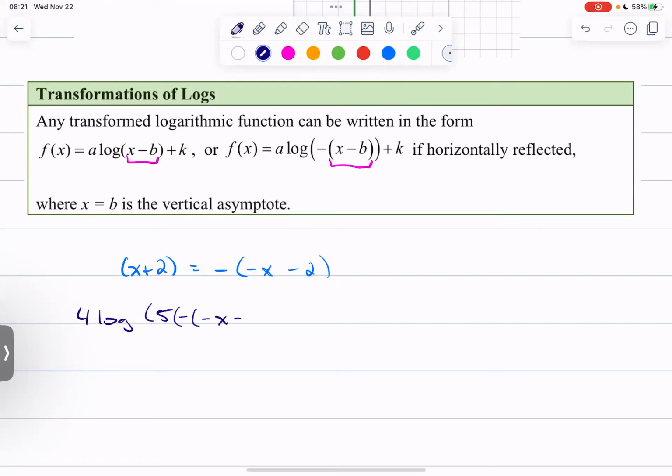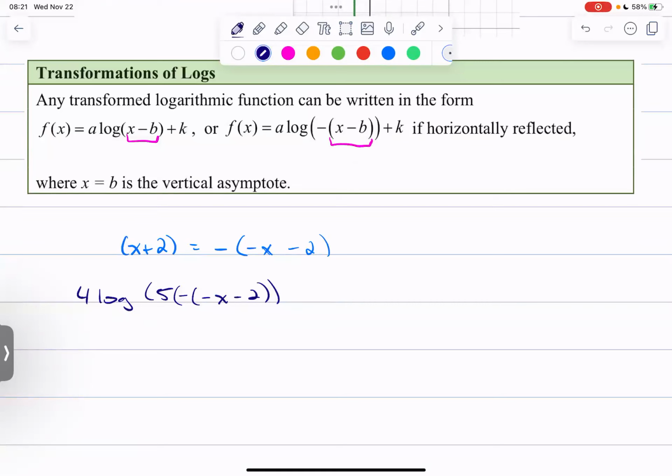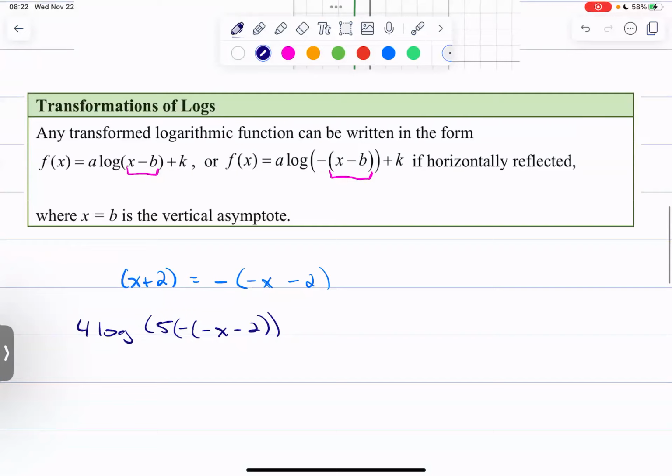Negative x minus 2. I don't like that negative x there. What can I do? This negative, I can rewrite as -5. But I can't take the log of a negative number. Where did I go wrong? I did something weird.